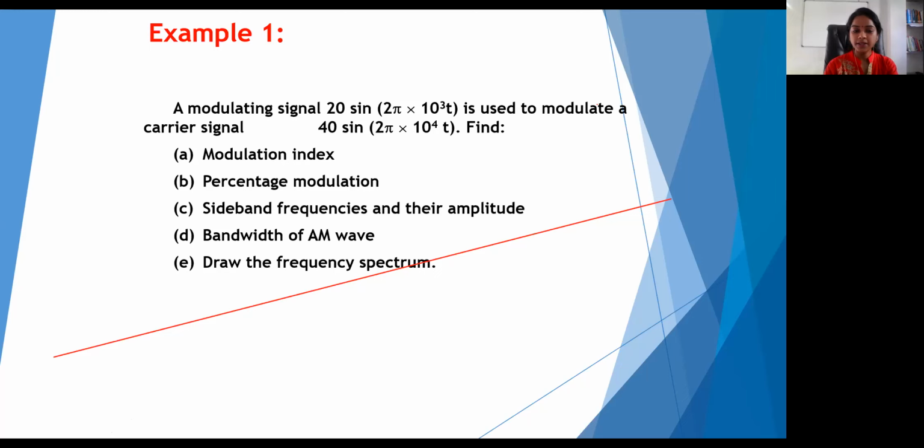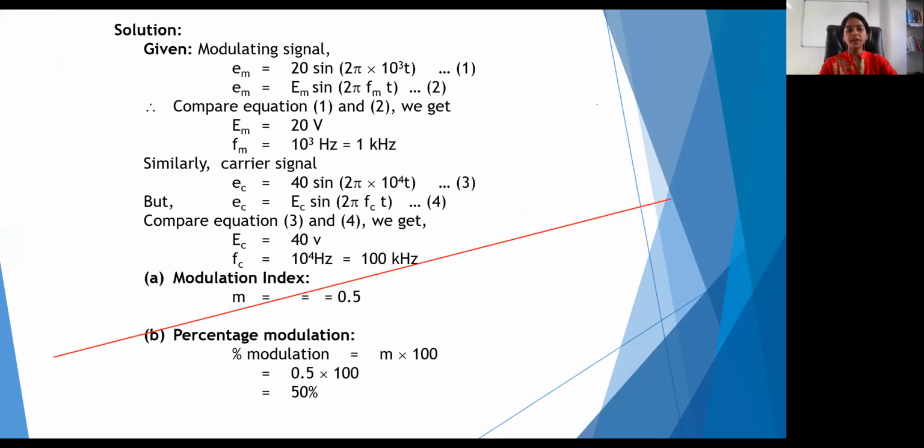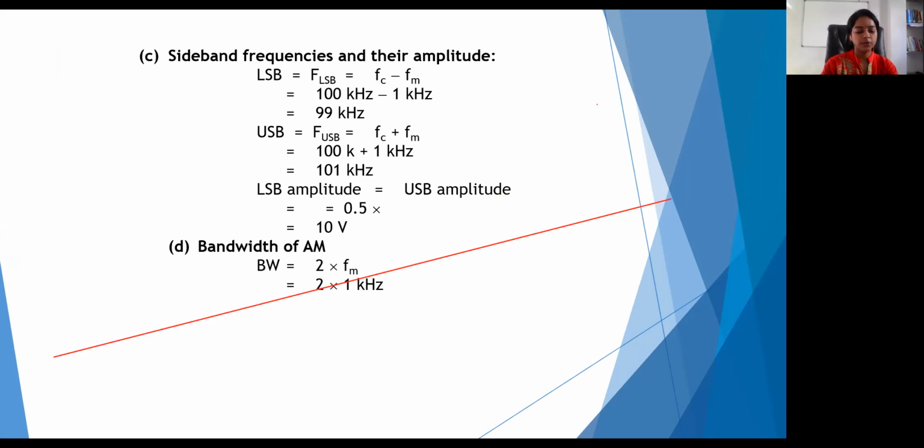By writing this, you have to draw the frequency spectrum, and this is your homework. Here the solution is also given. Just take a screenshot or snapshot if you are calculating. Just tally your results with this calculation.